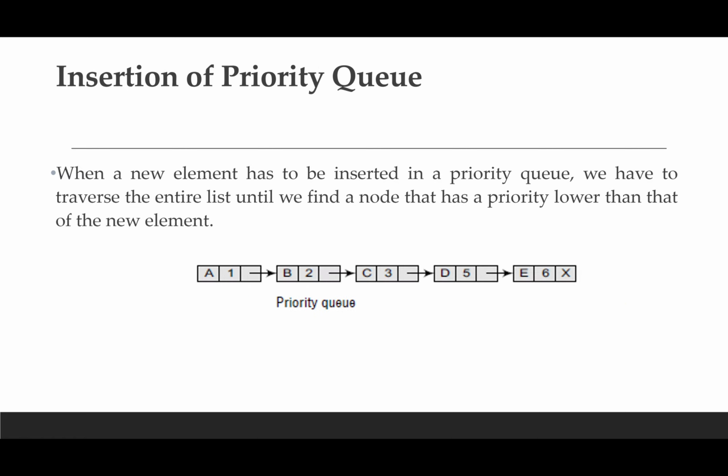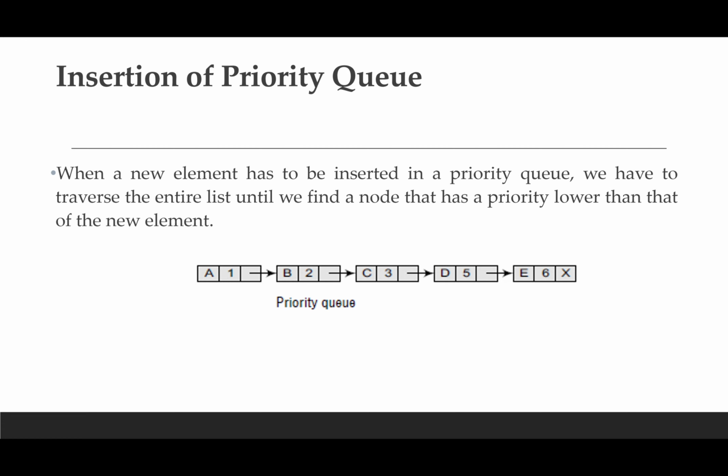In the same example, when you are doing the insertion of a new element, we have to traverse the entire list until we find the node that has a priority lower than the new one.